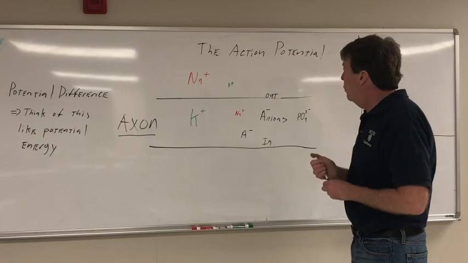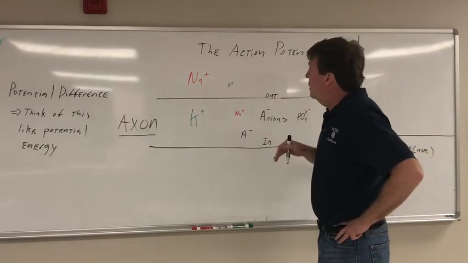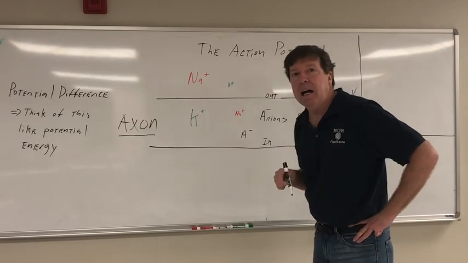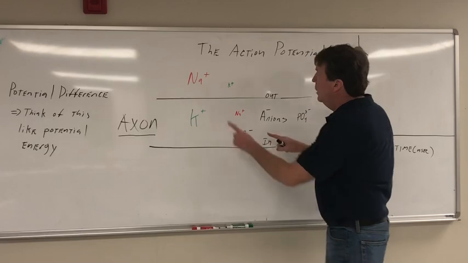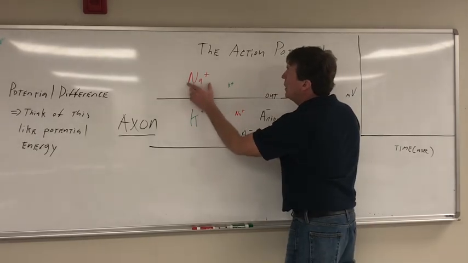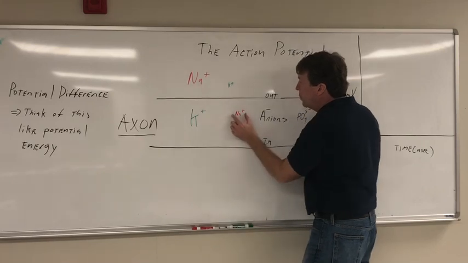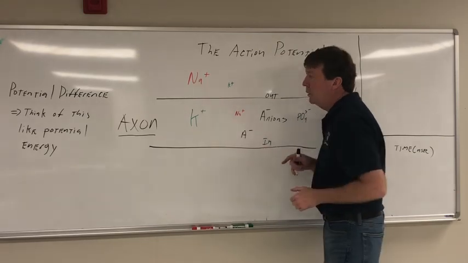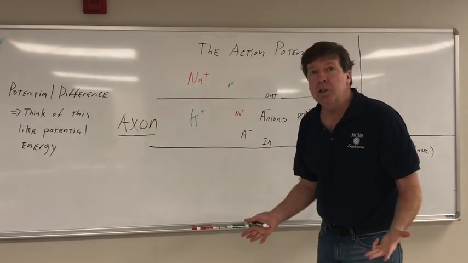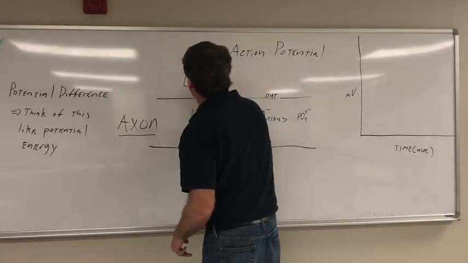Also, take a look at what else we have. On the outside here, we have a high concentration of sodium ions. So notice I wrote the sodium ion large, and there's smaller amounts of sodium ions here on the inside. So the size at which I wrote these is important. The concentration is going to be in moles per liter, so we're going to put a bracket around here.